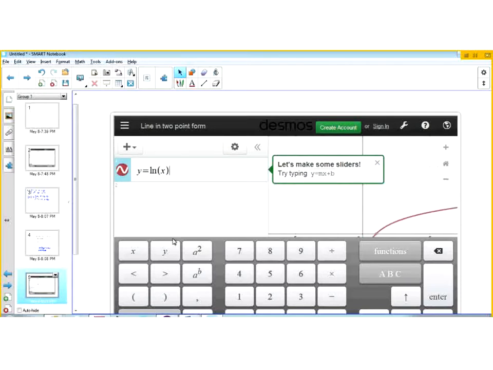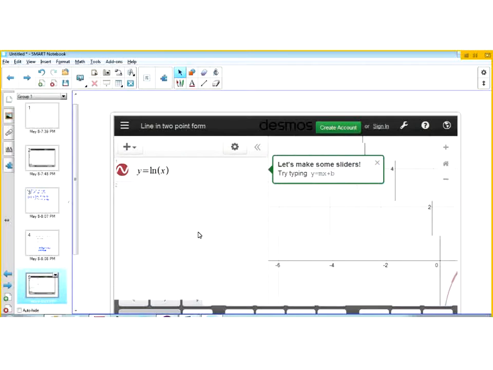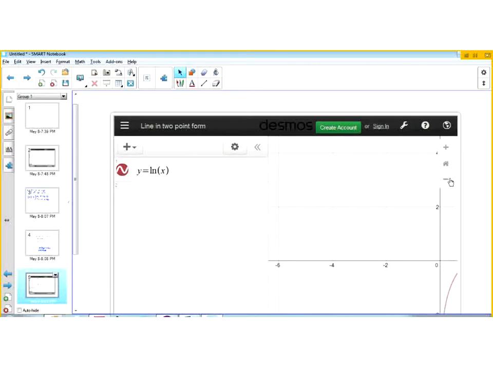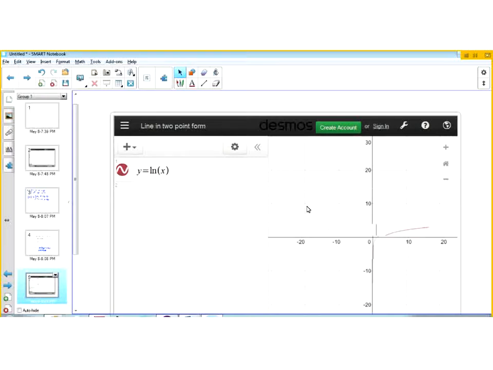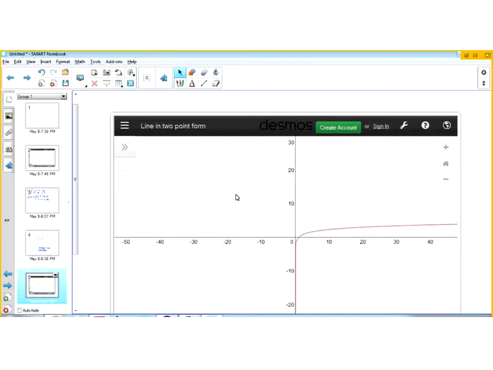All right, so let's graph y is equal to natural log of x. This is one graph I would hope that y'all know very well. If not, please memorize this. The natural log function, as you see, is asymptotic with the negative y-axis, and it goes very slowly to infinity as x goes to infinity.